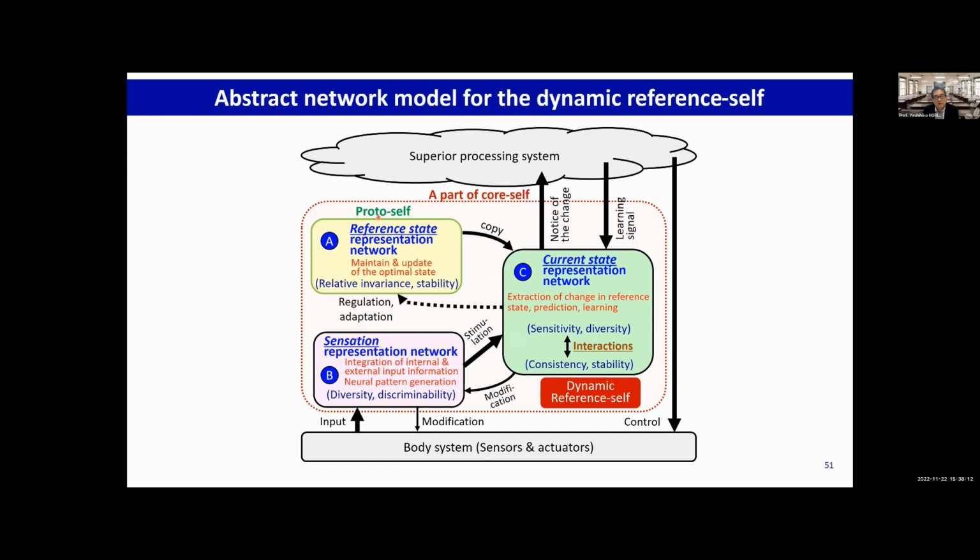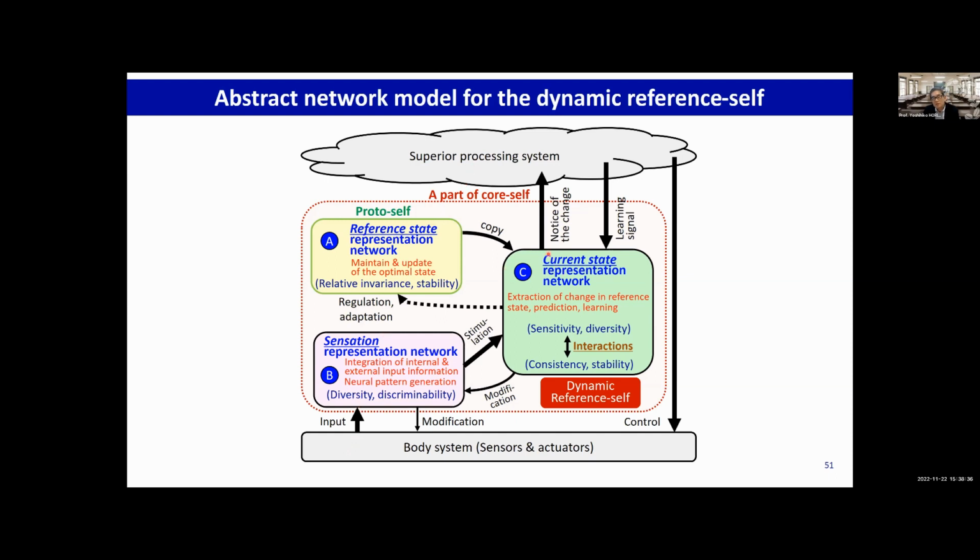The first one is called the reference state representation network, which gives the pro-self. The second one is a sensation representation network, which represents the external world and the internal milieu, so the input is coming from outside of the brain.